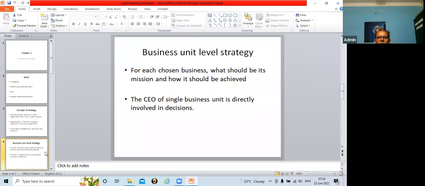That has to be focused on first. Always understand the mission of your organization, and then the plan for how that mission is to be achieved has to be prepared.